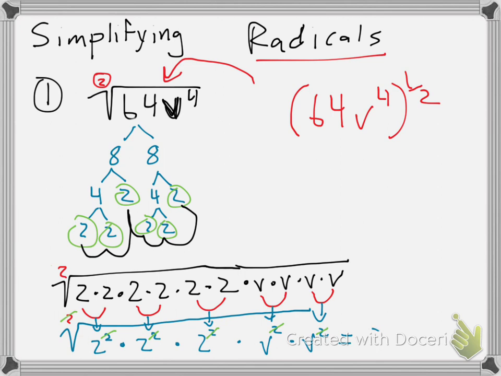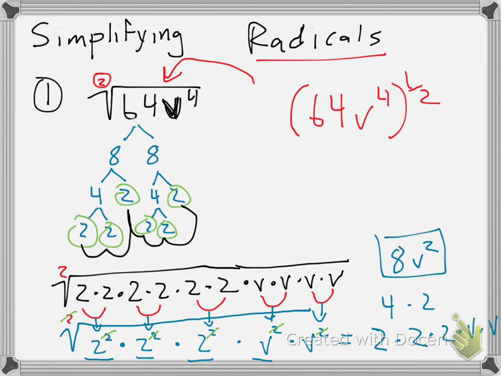We have our 2, that was this one, times our 2, which is this one, times our 2, which is this one, times our v, which is that one, and times our v. This ends up being 2 times 2 is 4, 4 times 2 is 8, and v times v gives us v squared. So this would be our solution to the radical.